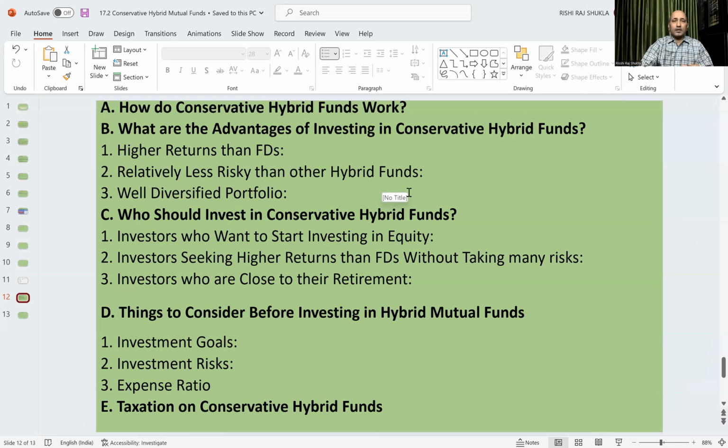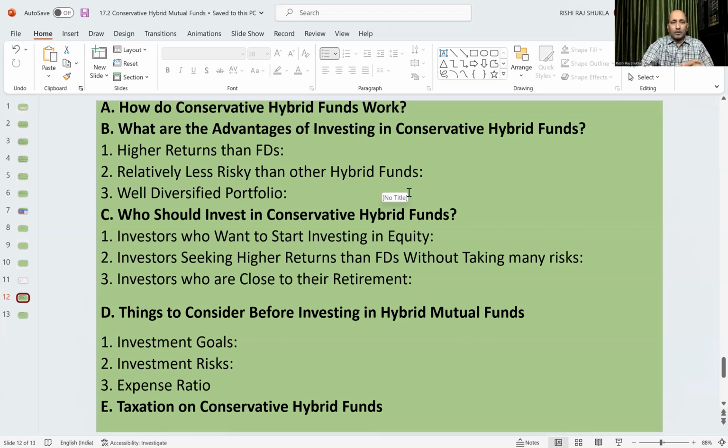Principal conservation is the first choice. The second mandate is to earn more than FDs, fixed deposits. Keeping this in mind, this hybrid fund has been created, and one separate category for conservative hybrid fund was raised.